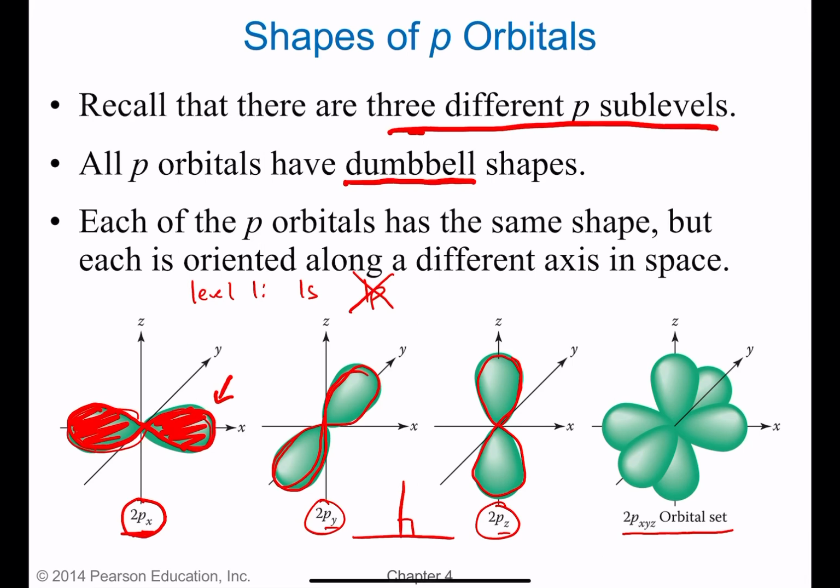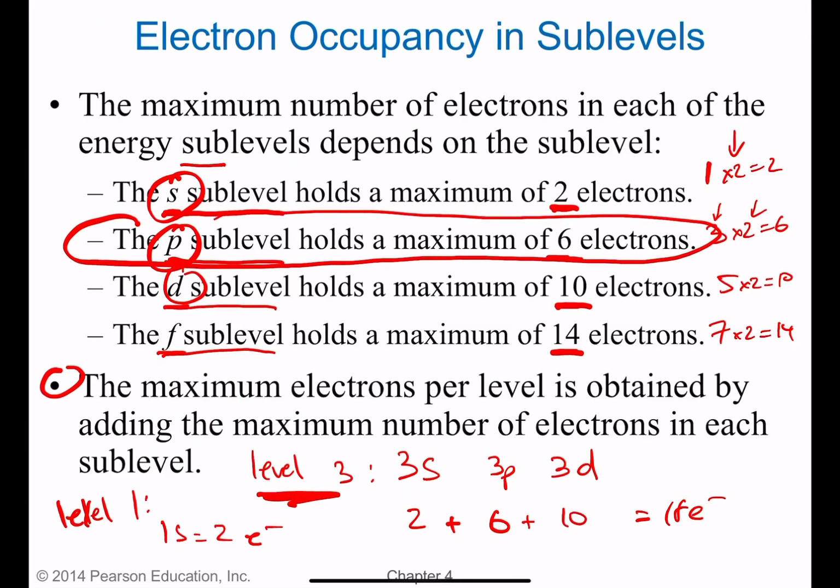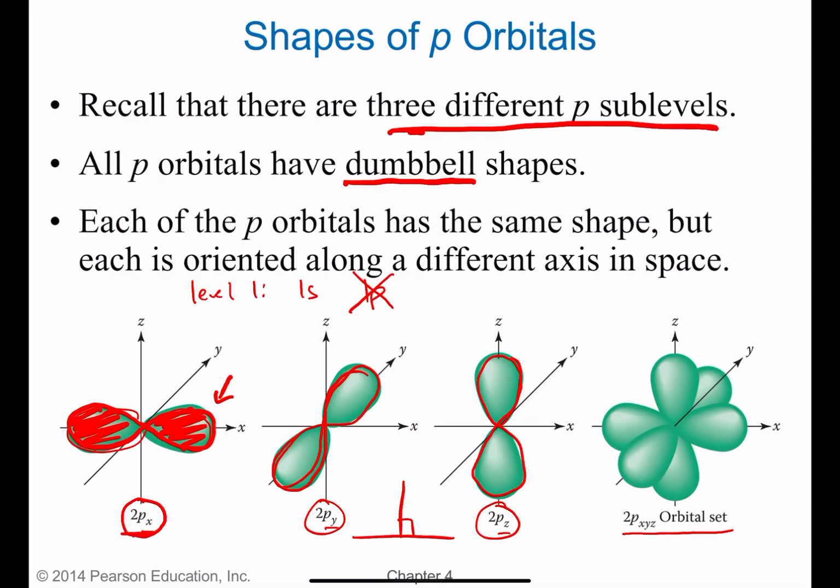And in each one, you can fit 2 electrons, which is how we got up to 6. So we said, going back, the P sublevel holds a maximum of 6 electrons. That's where that comes from. Because we have 3 different P orbitals in the 3 dimensions, X, Y, and Z, and each one holds 2 electrons, coming up with 6 total.